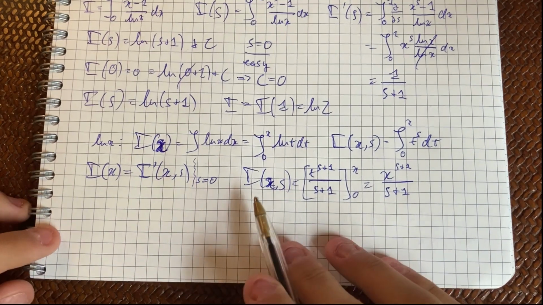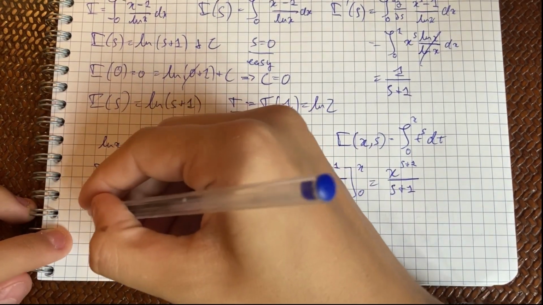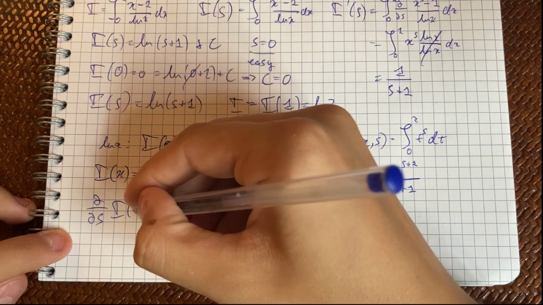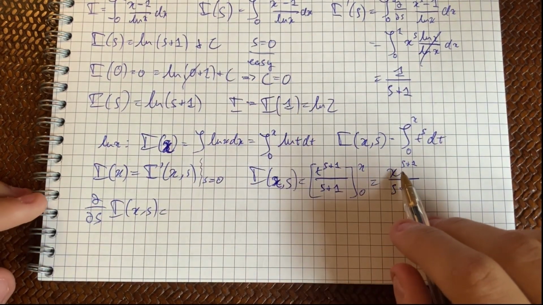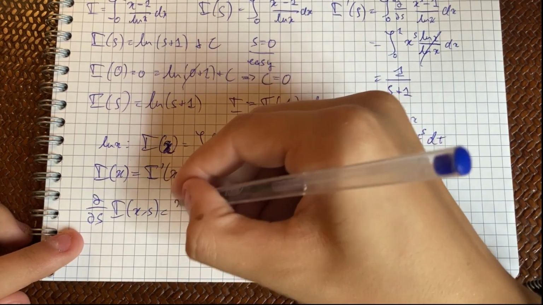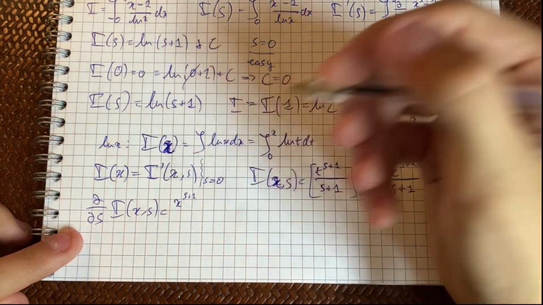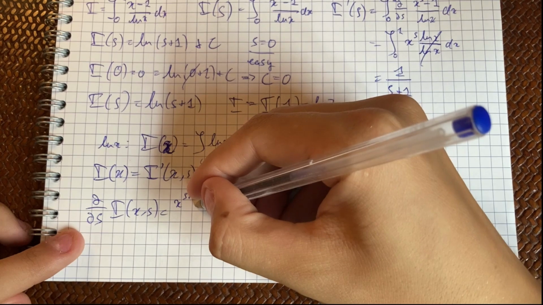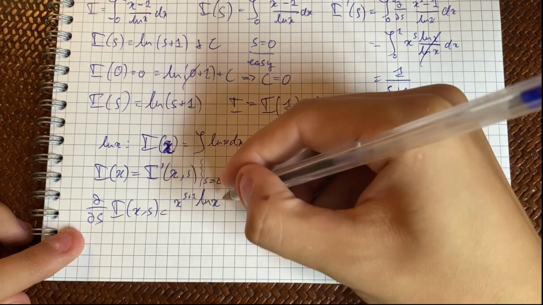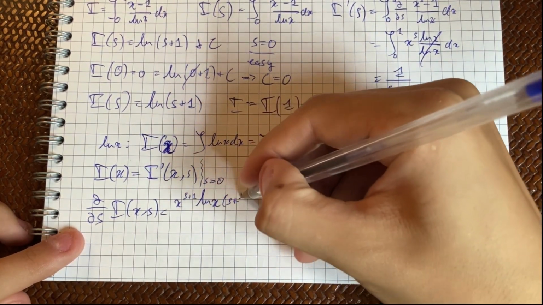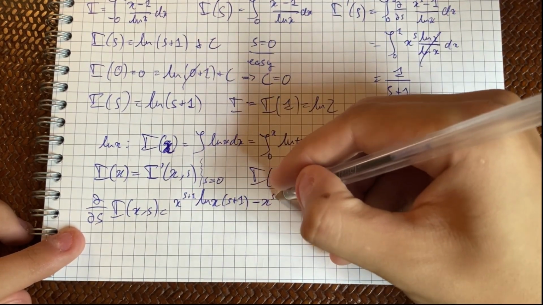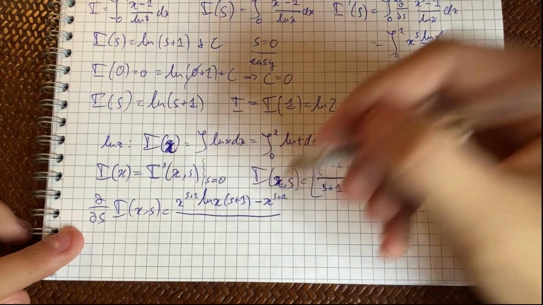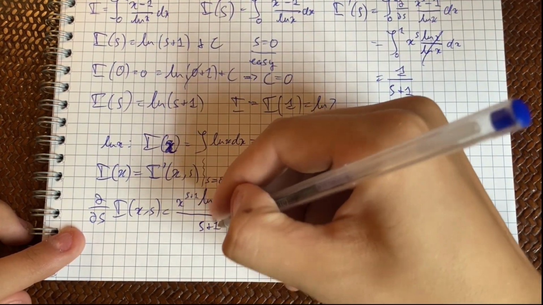And now we have to differentiate with respect to s, so del by del s of I of x, s equals, so we use again the quotient rule, and we have x to the s plus 1 power log x times s plus 1 minus x to the s plus 1 power, divided by s plus 1 squared.